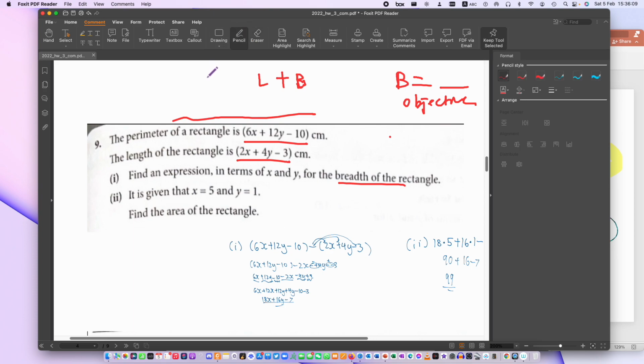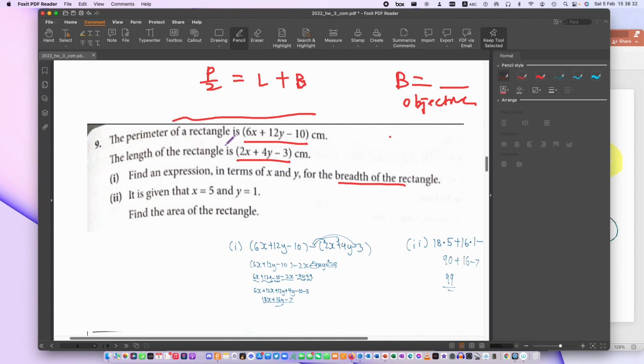So let me just change it a bit. P over 2. Move. So how do you move? Always aim for one step. One step you can get B equals to something.